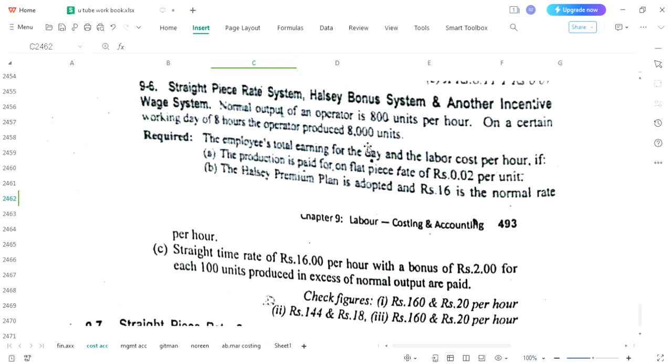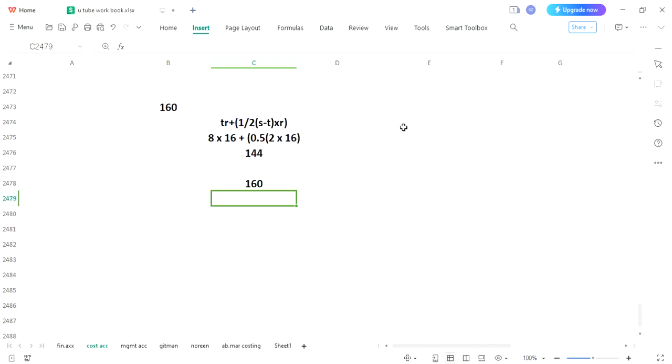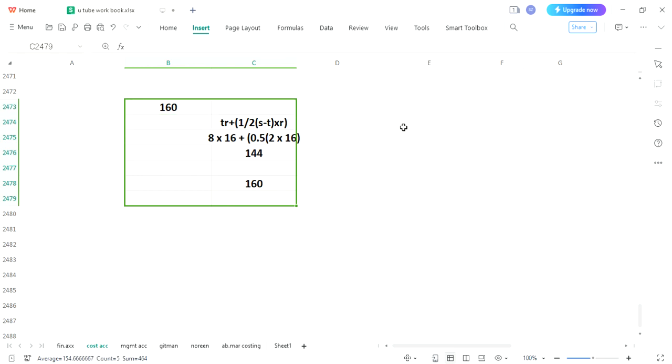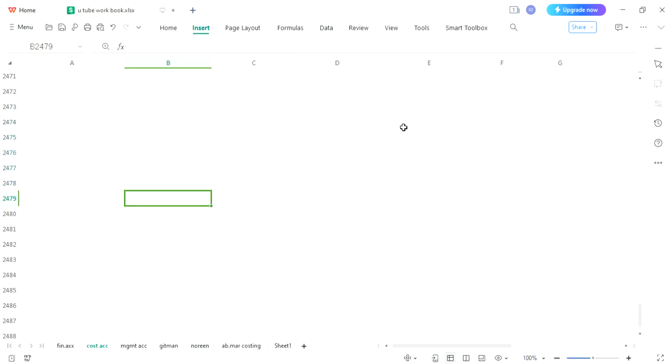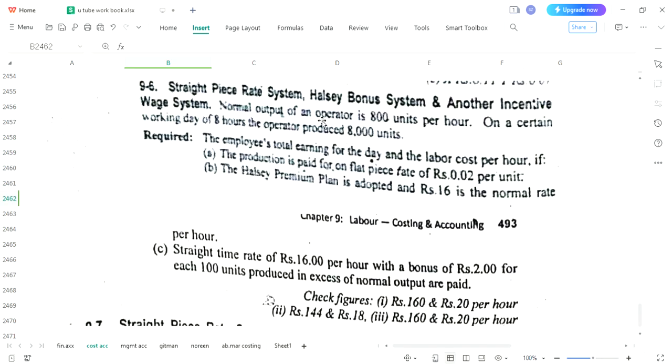So here we will set some standards. The first line says operator 800 units per hour, so we can set our standard over here. Something was written before for the previous questions, so let's do it again. Normal output of an operator is 800 units per hour.